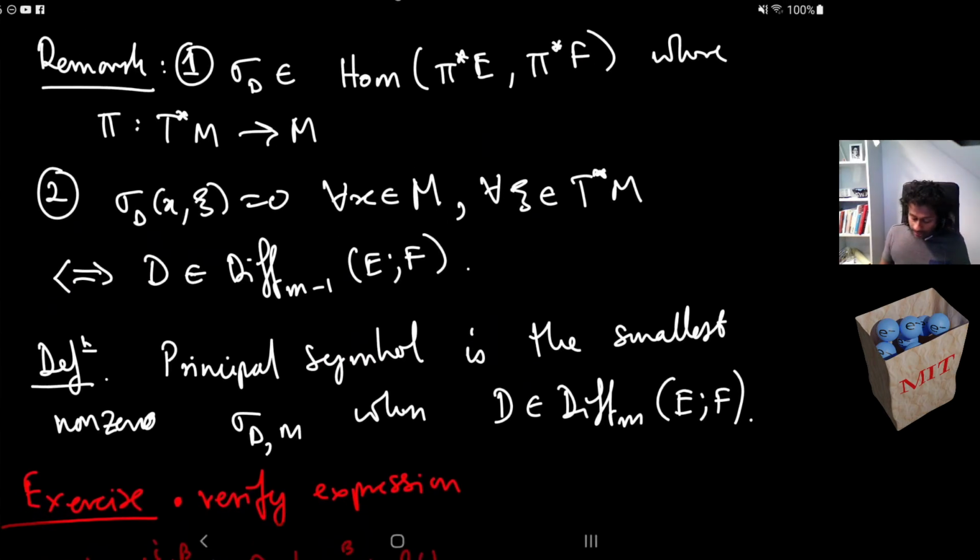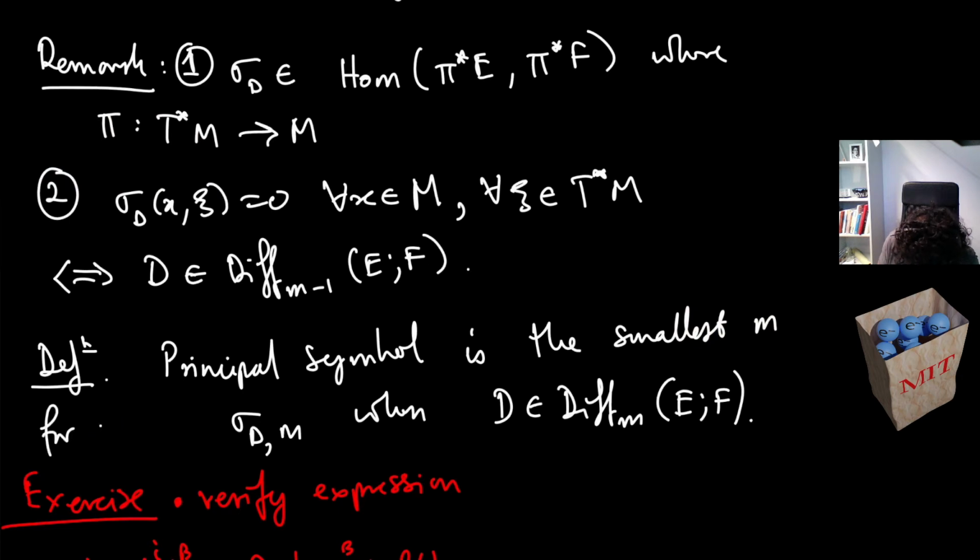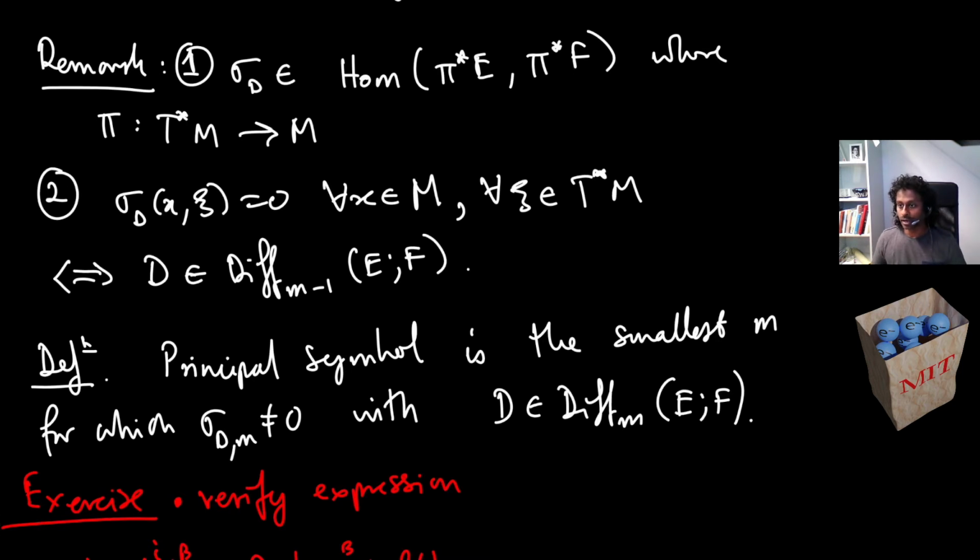So we want to be the principal symbol. This is the smallest non-zero m, for which this is non-zero. Maybe this is a better way to write it.